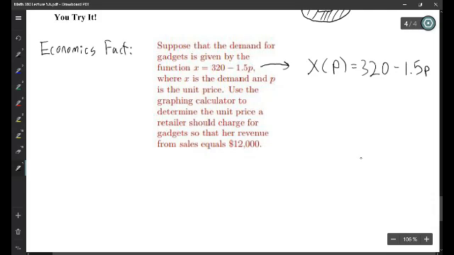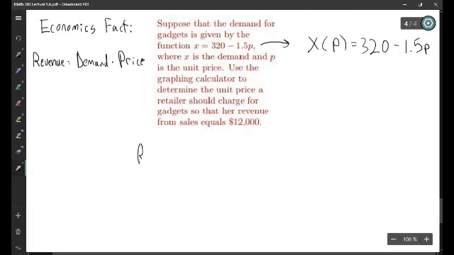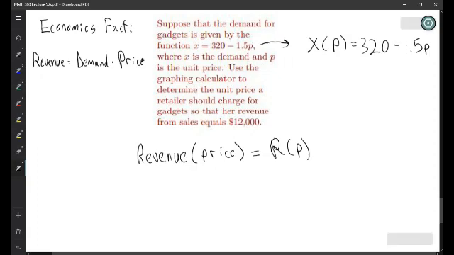Revenue is equal to demand times price. So as you change the price, the demand will go up or down. So revenue as a function of price, we will symbolize with R of P. All right.